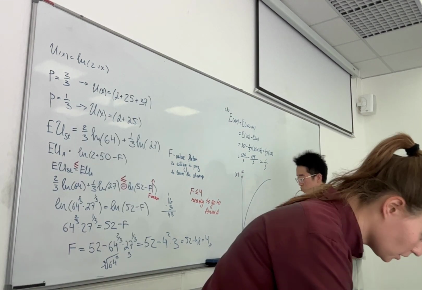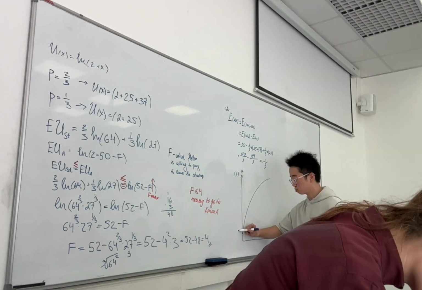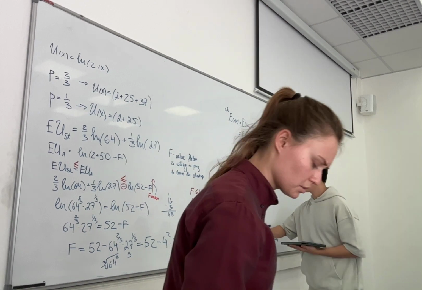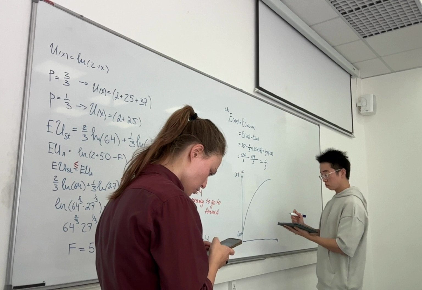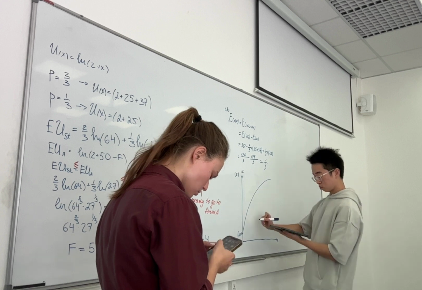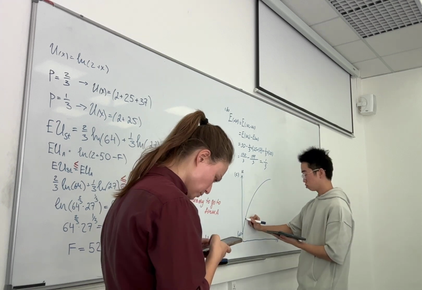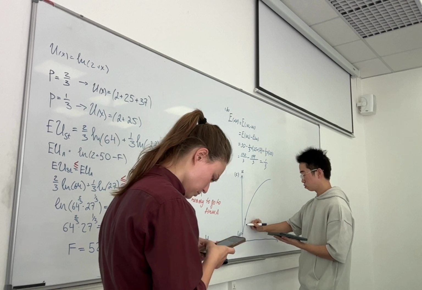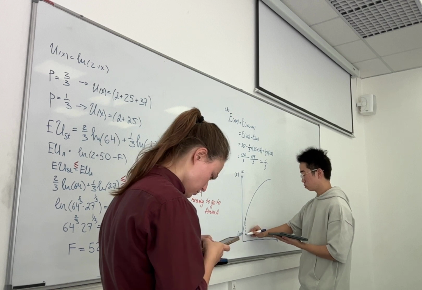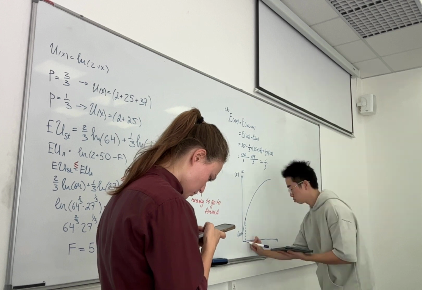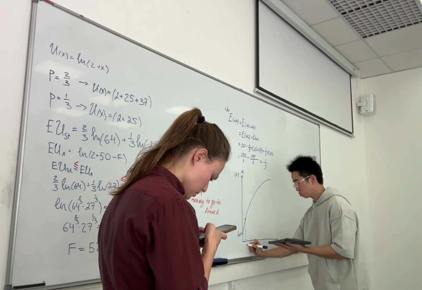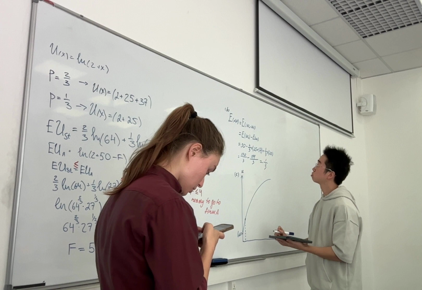What is our task here? Let's read the task one more time. What should we use? Repeat part B using the wealth utility diagram. Wealth utility.